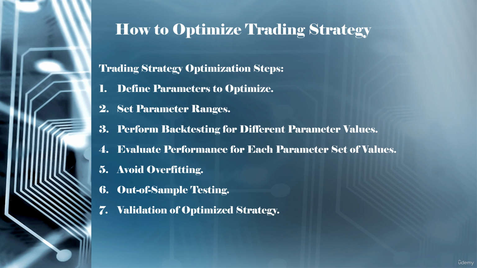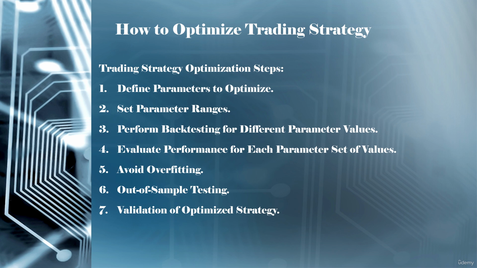What it means is that, let's say you have 10 years of available market data. You optimize the strategy on the first 9 years of that data, and after that you test these optimized parameter values on the last year of the market data that you have, the 10th year.